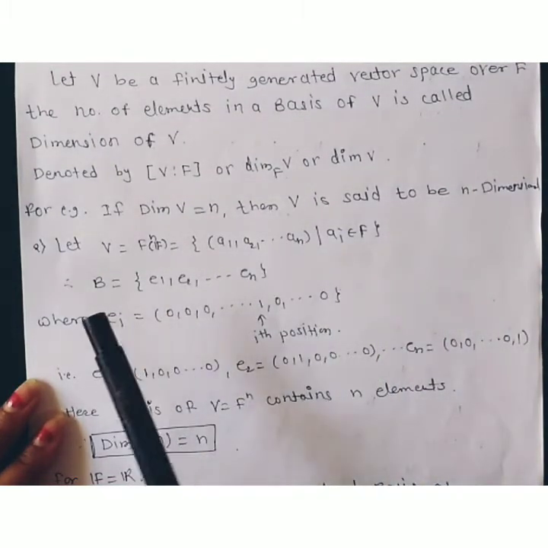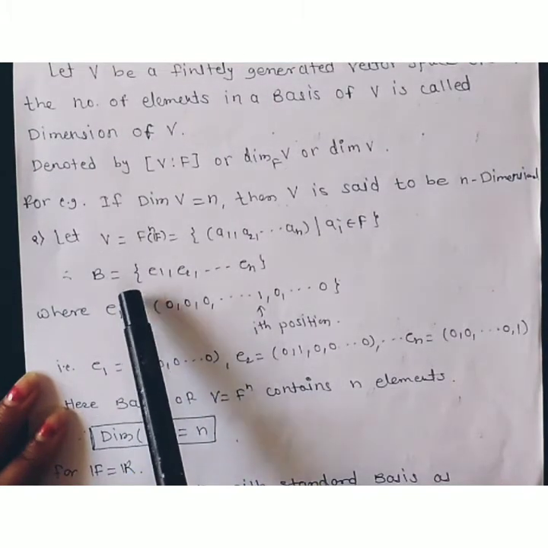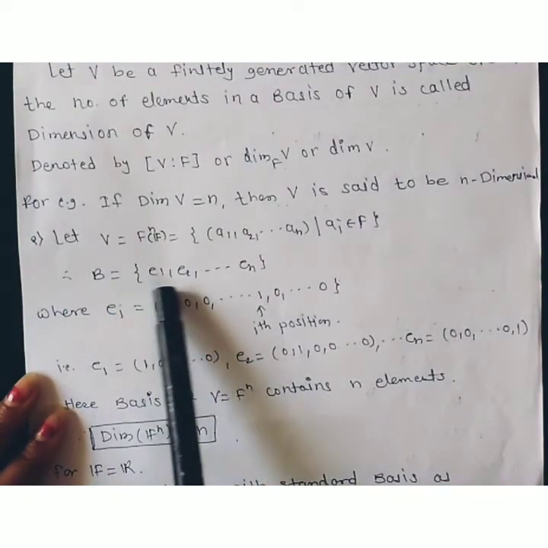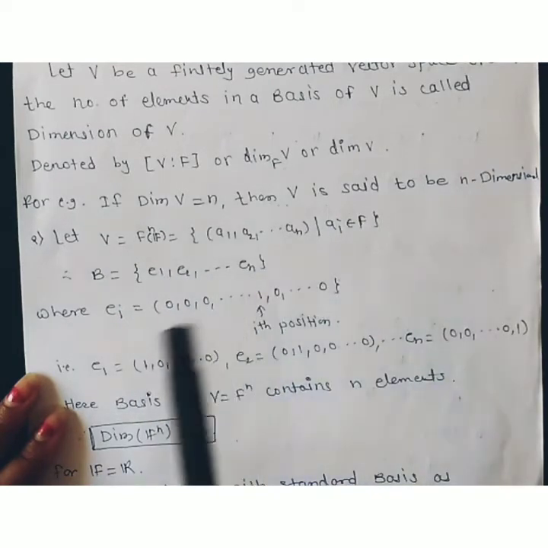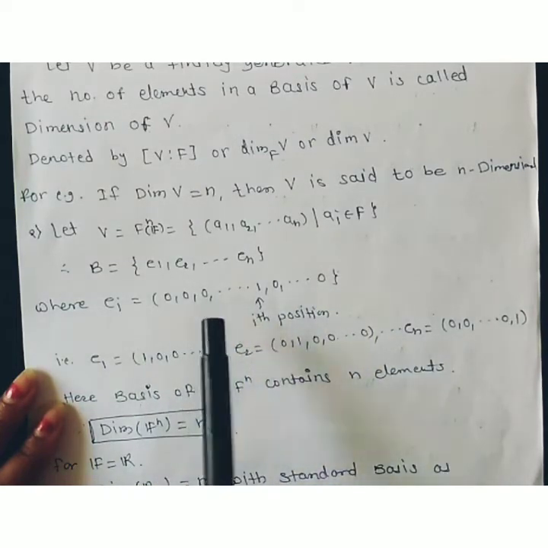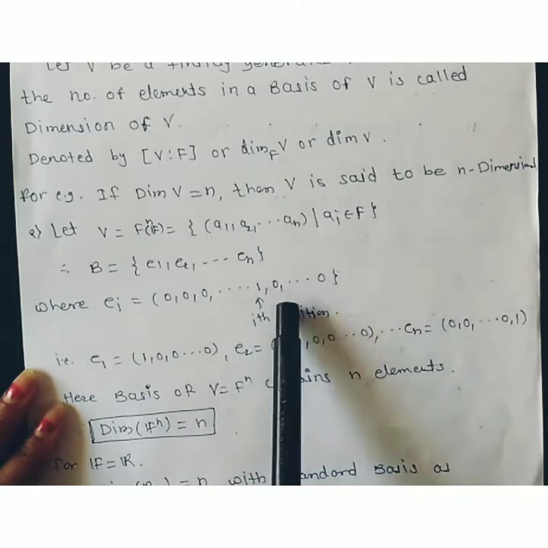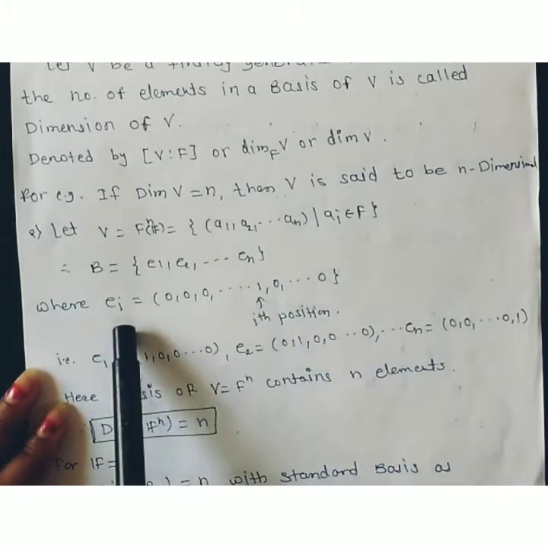So what is a basis of that vector space? Suppose we consider B equal to the list e1, e2, up to en, such that ei is an n-tuple of this form: 0, 0, 0, up to 1, 0, 0, where at the ith position there should be 1. Here the suffix is i.